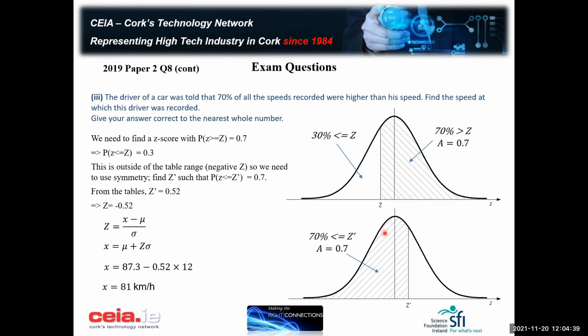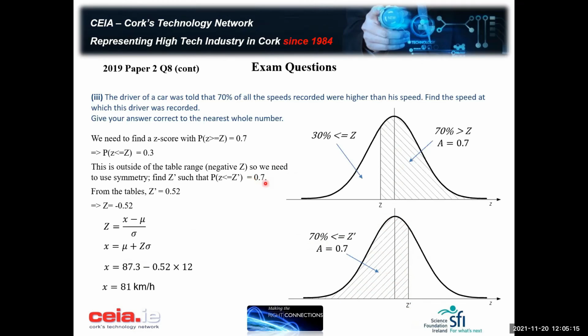So immediately we would tend to look at a corresponding value z prime that's positive. And that z prime would have 70% being less than that value. So it's the same area using the symmetry of this curve. We work out what z prime is such that the probability of z less than z prime is 70%.